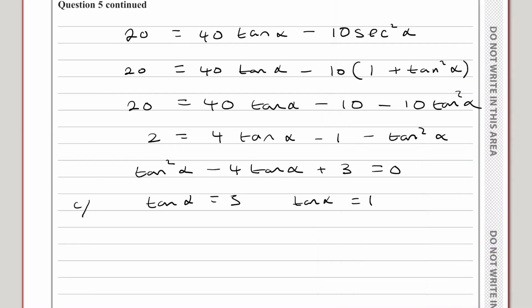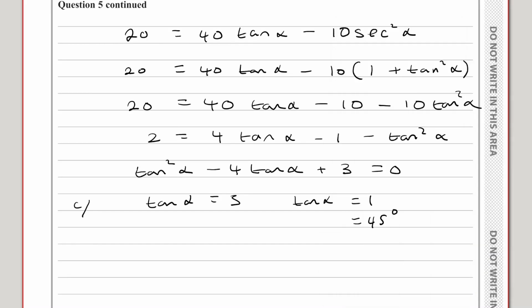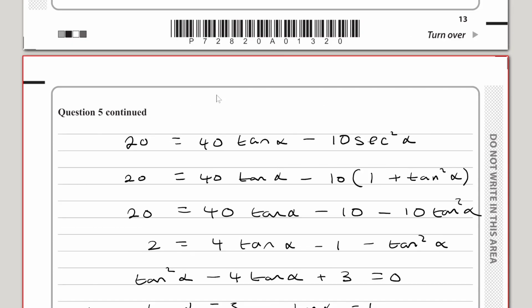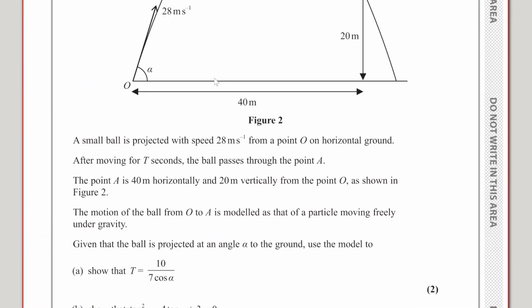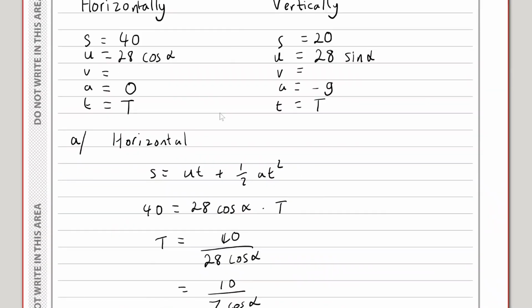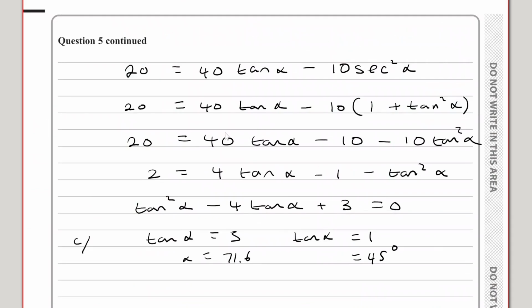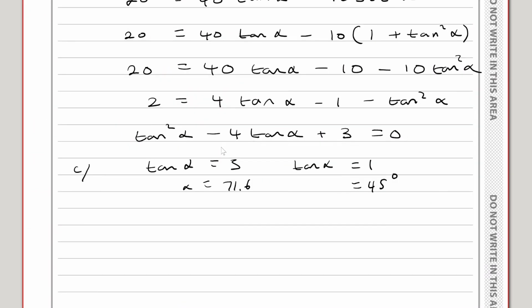Shift tan 1 is 45, and shift tan 3 is 71.6. I can't see a reason to eliminate either of them, so we've got two possible values here for alpha.